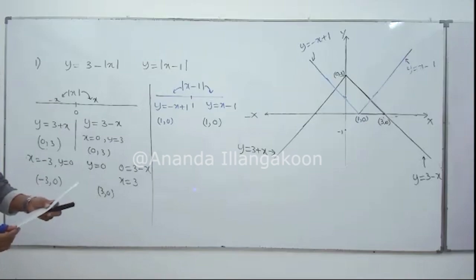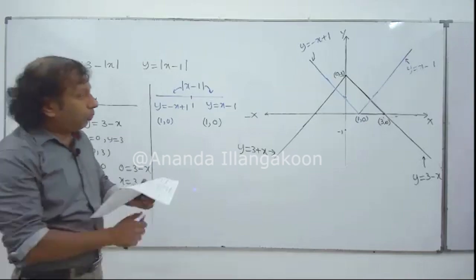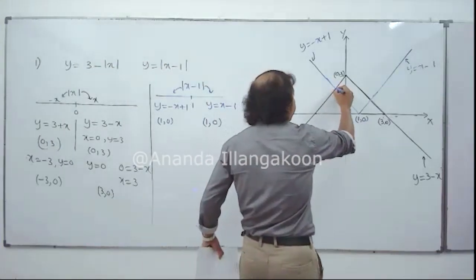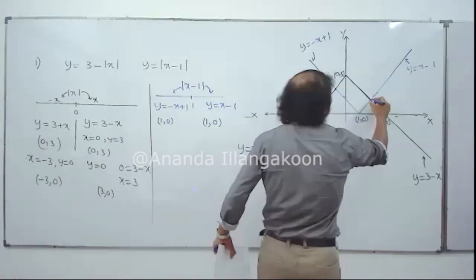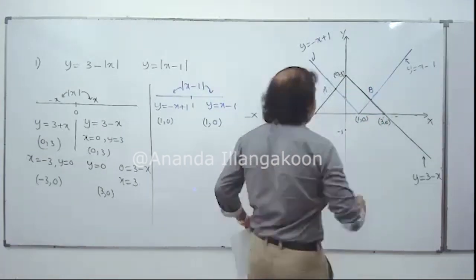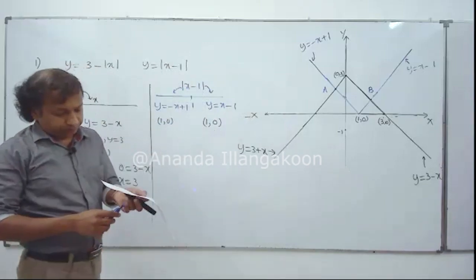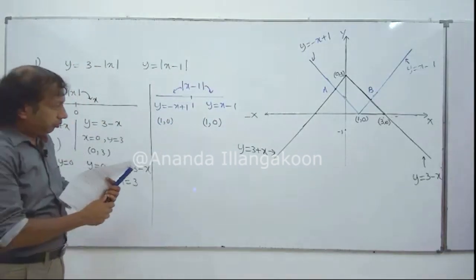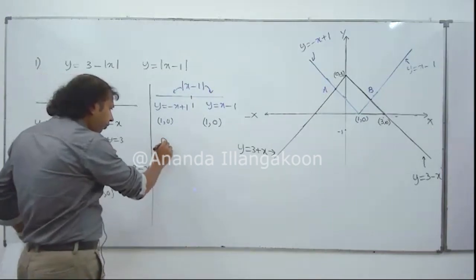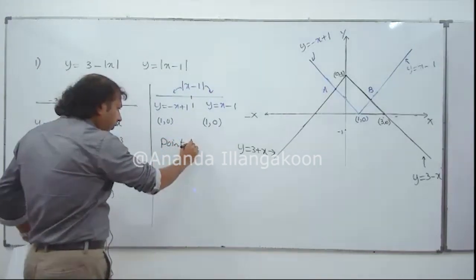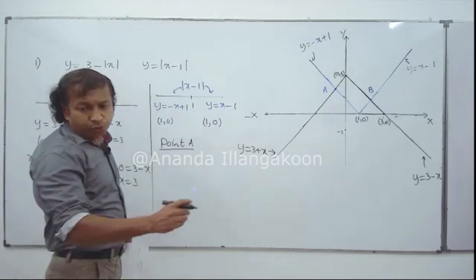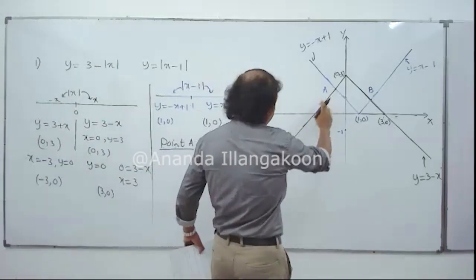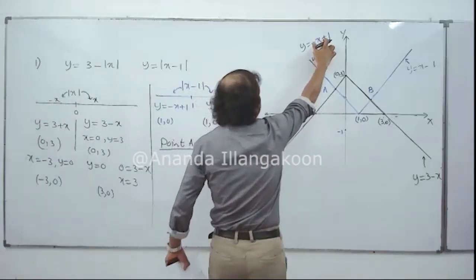Okay. Now we'll find this point. Suppose this point is A, this point is B. I will find these points A and B. Point A you can find how? Solve this line and this line, the equations.